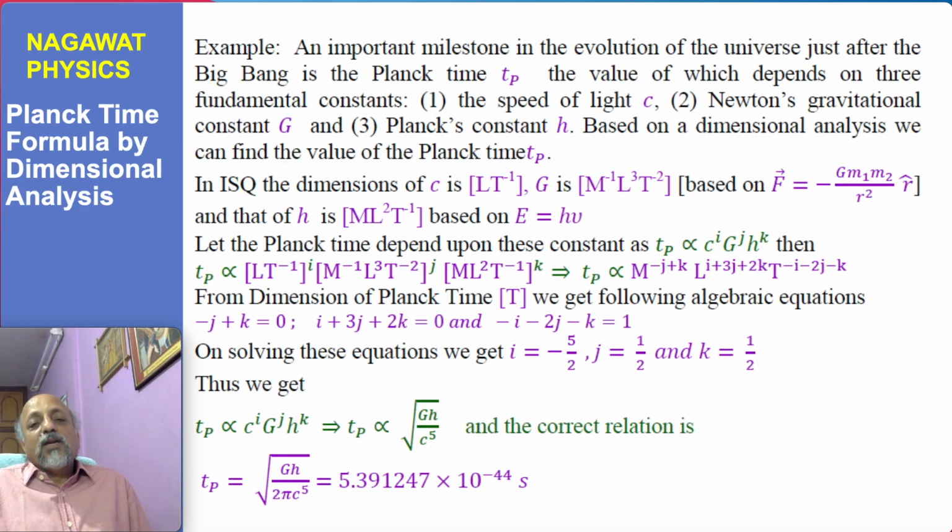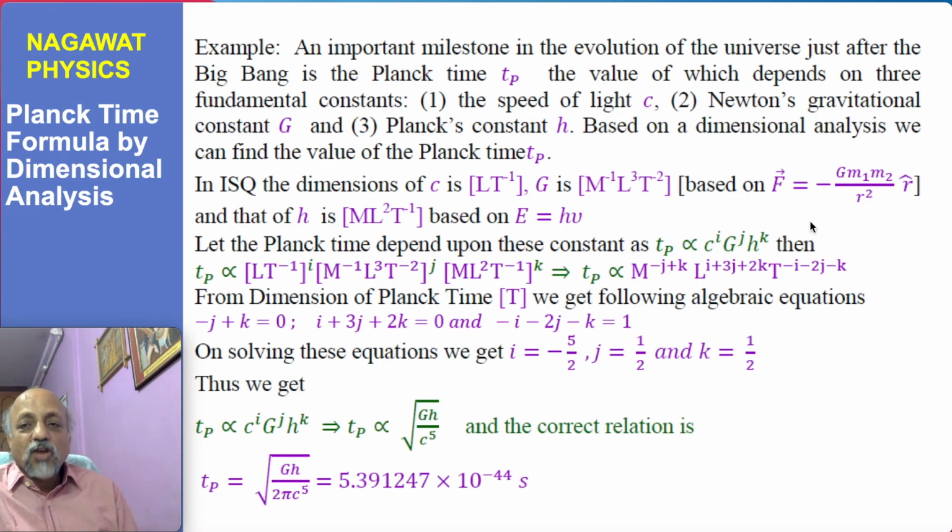The three fundamental constants chosen here to describe the Planck time are, first, the speed of light, denoted by c, the Newton's gravitational constant denoted by capital G, and Planck's constant denoted by small h. Planck's constant and speed of light c have appeared in our earlier discussion also. The Newton's gravitational constant G, to my knowledge, is appearing for the first time.